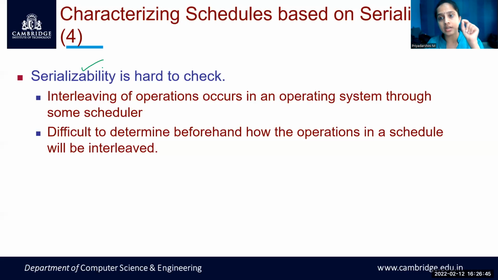Serializability will tell you it is a correct execution of the interleaved transactions. So a serializable schedule is a correct schedule. A non-serializable schedule is not a correct schedule. I will get a wrong output, a wrong final value of X and Y. Then it is not a correct concurrent execution of the data.